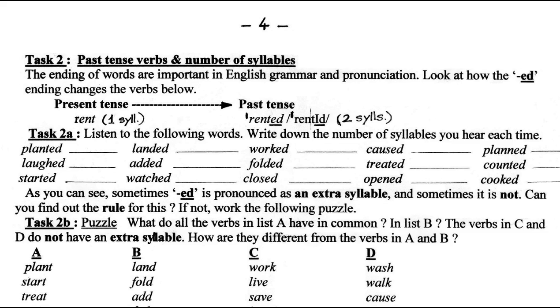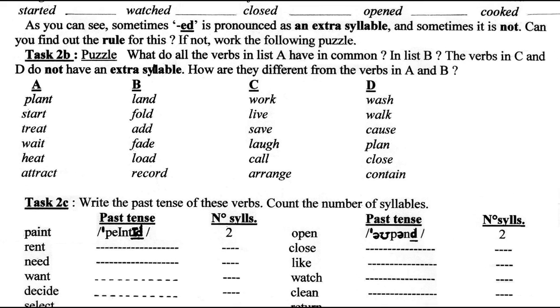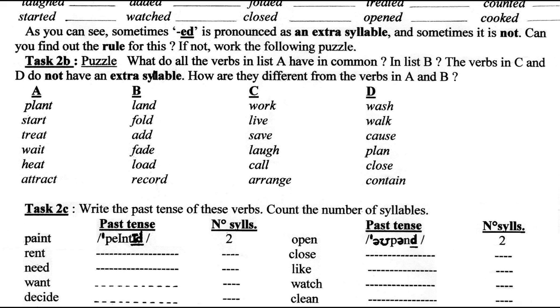Task 2B. It's a quiz. The question is, what do all the verbs in list A have in common? First, I'm going to read the verbs in list A. I start.